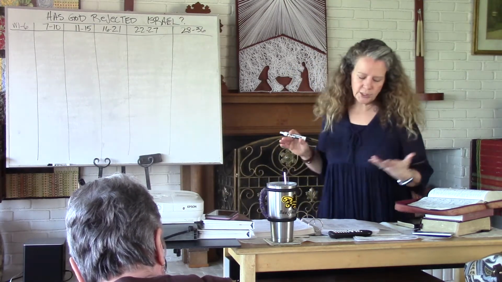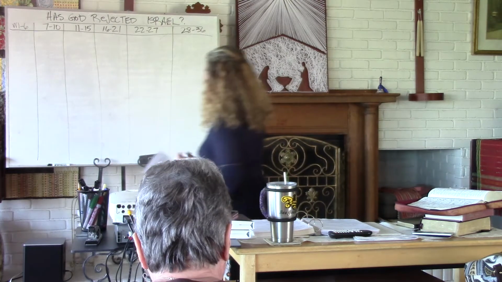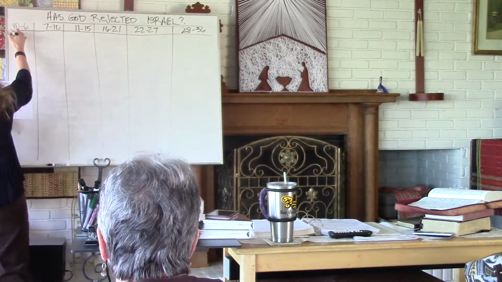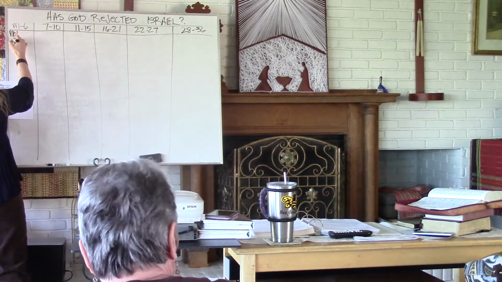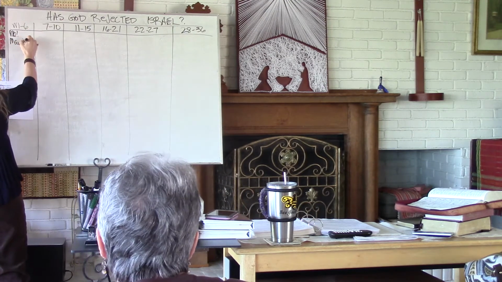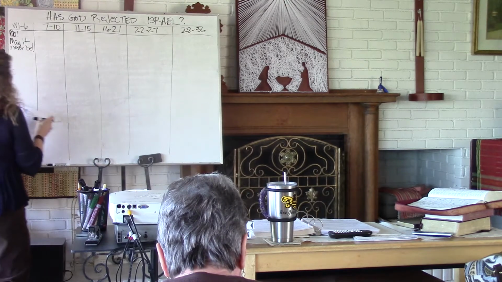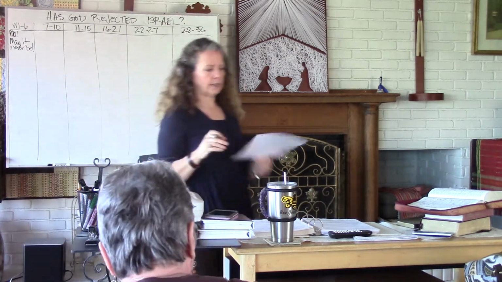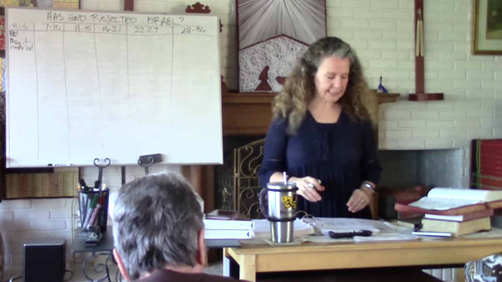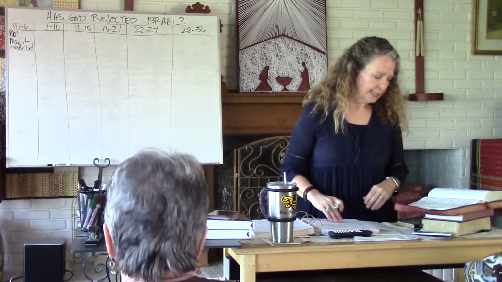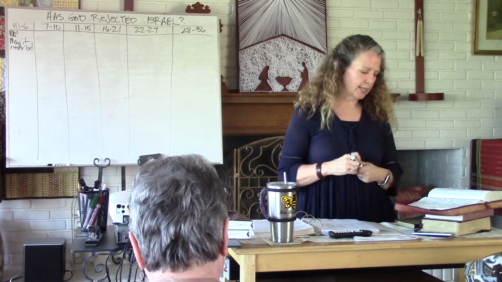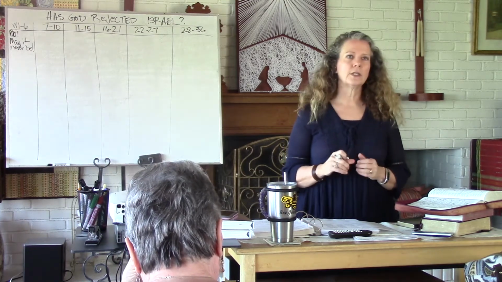Okay, so the first question that's asked is, has God rejected Israel? What's the answer? No. May it never be. And obviously, that is not the only thing Paul has to say on this subject. What does he tell us in verse 2 about Israel?